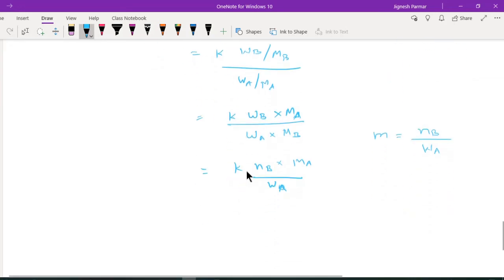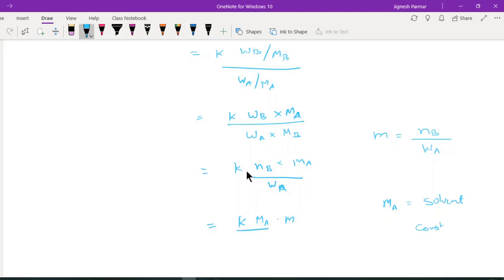So we can write this as K, molecular mass of A, into M, the molarity. Now you can see the molecular mass of the solvent can never change, so can we take it as a constant?